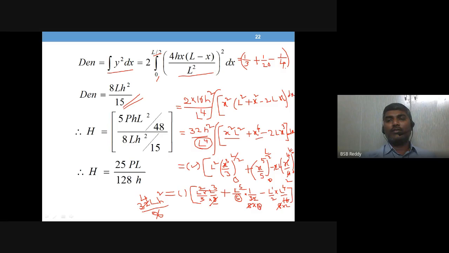Now if you go for LCM of 3, 20 and 4, it will be 20 into 3, so 60.